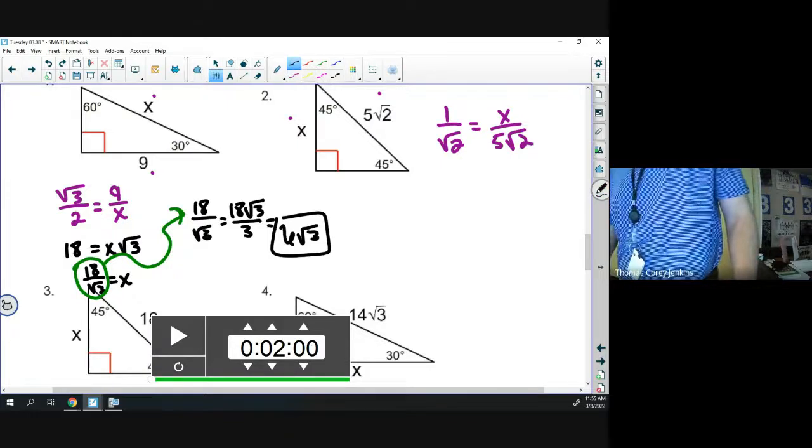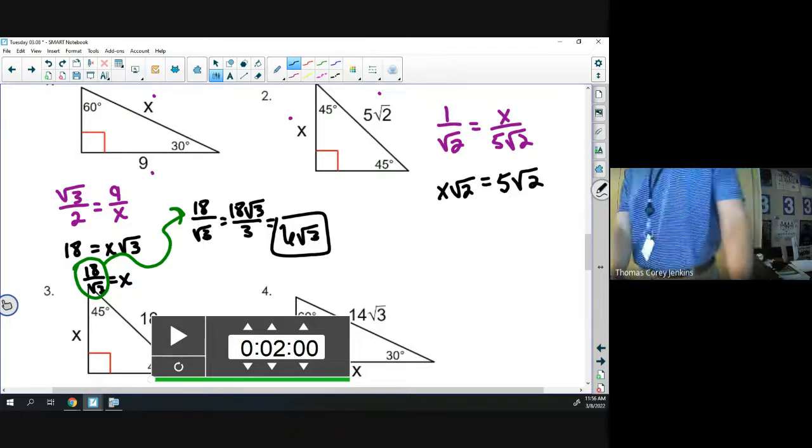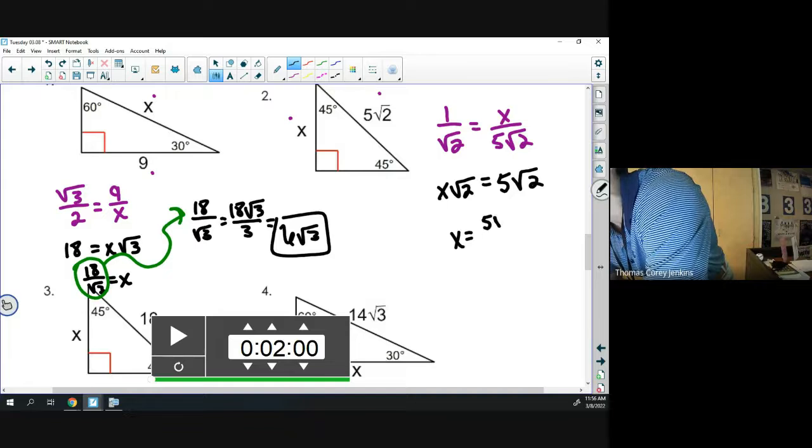So then we have x square roots of 2 equals 5 square roots of 2. And really, you can almost solve that by fill in the blank, right? Anybody tell me what x is yet? 5, right? So you can almost fill in the blank, but algebraically how it works is, divide both sides by square root of 2. We get 5 square roots of 2 over 1 square root of 2.